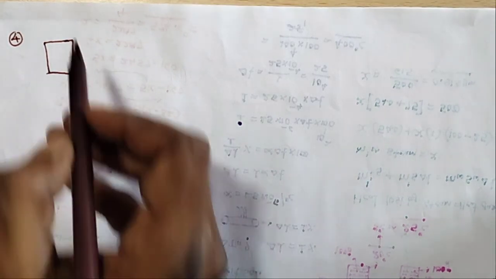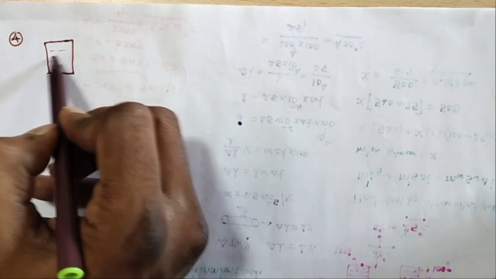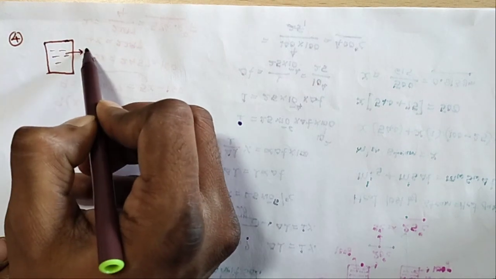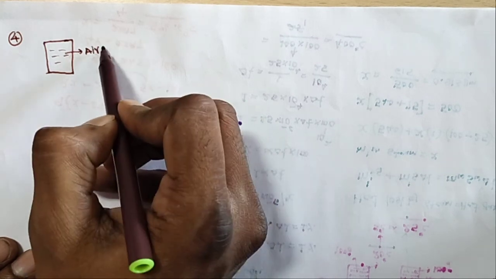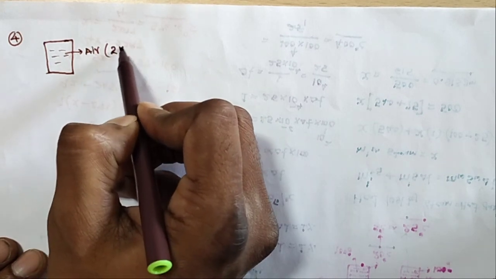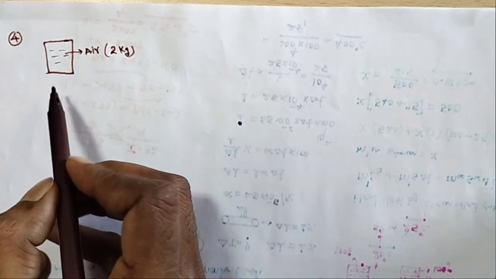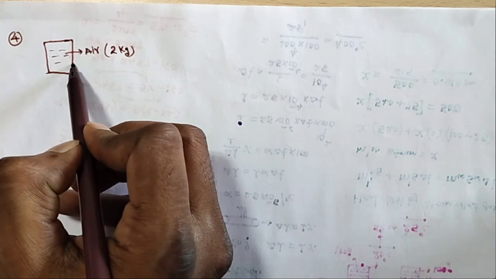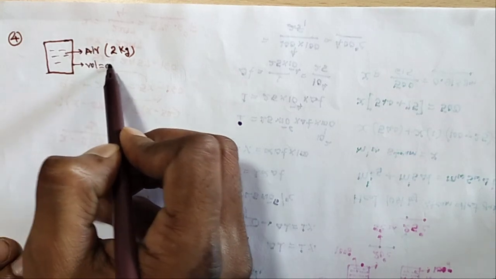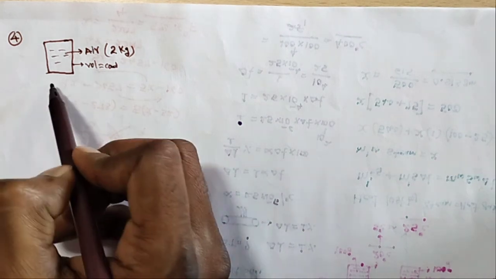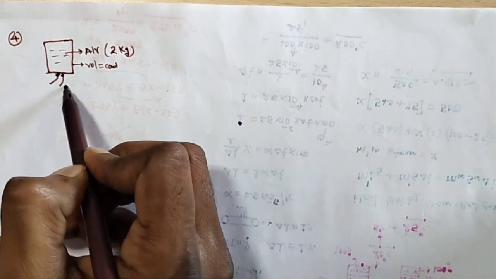Inside the container air is there. So what is the mass of the air? 2 kg of air is there. At constant volume, the volume will be constant. If you give some amount of heat, what happens?